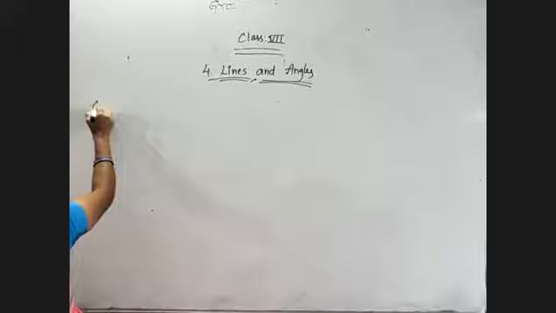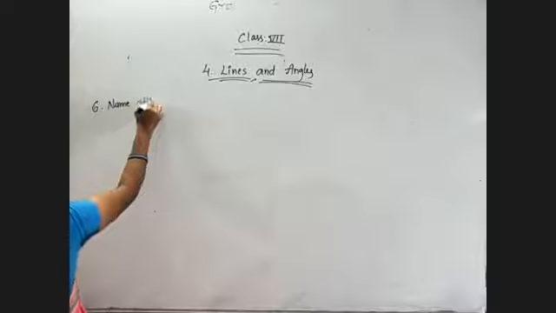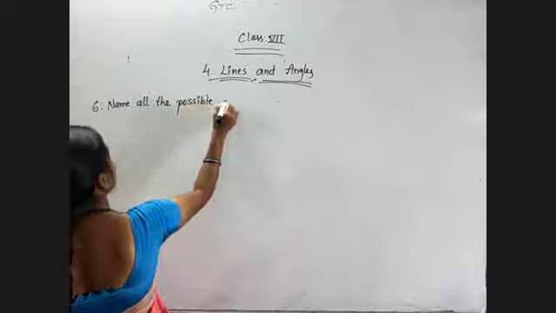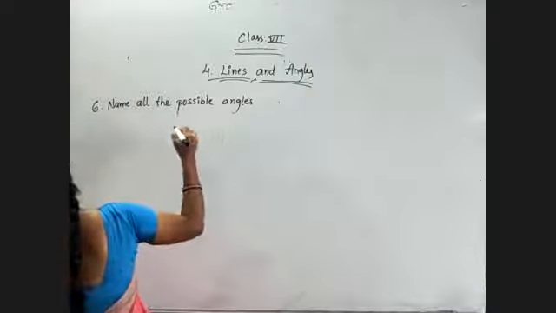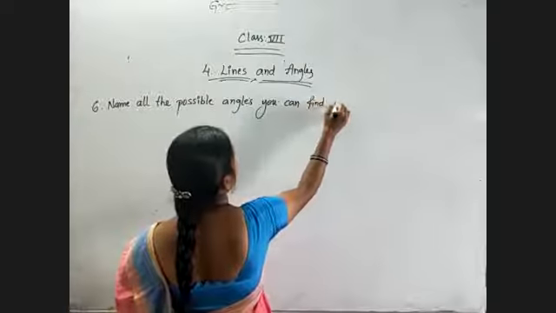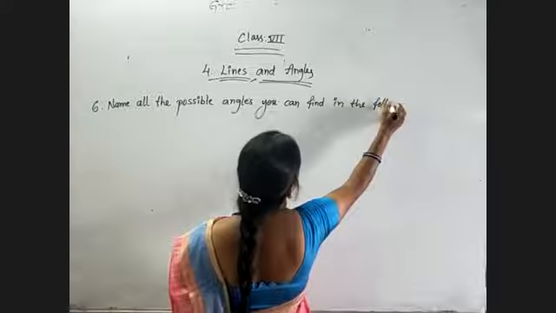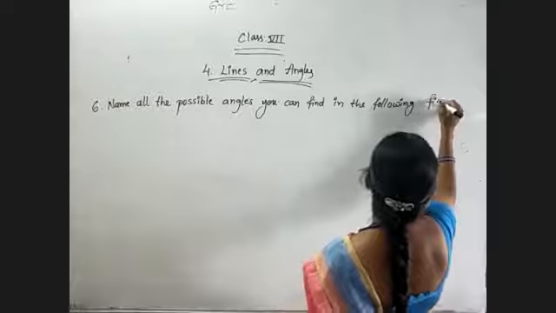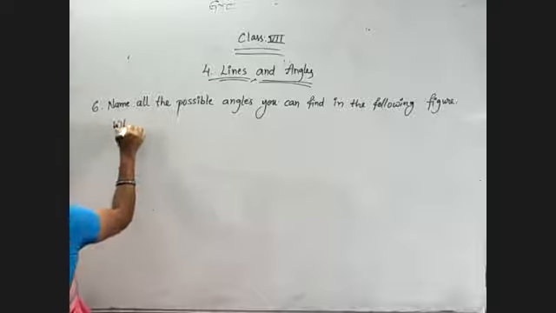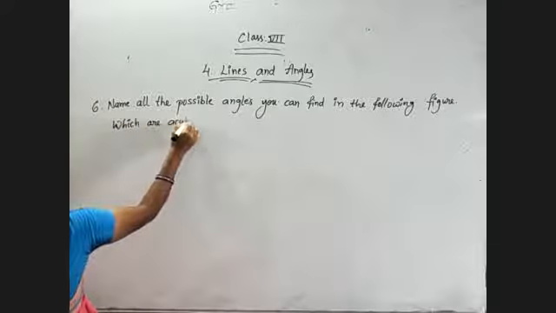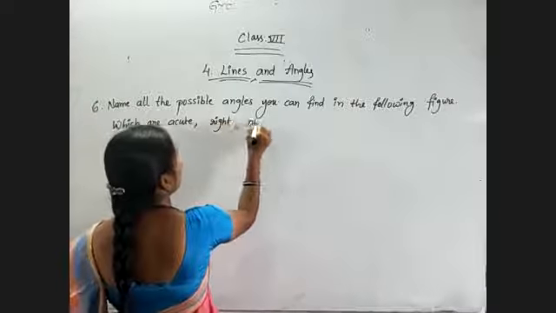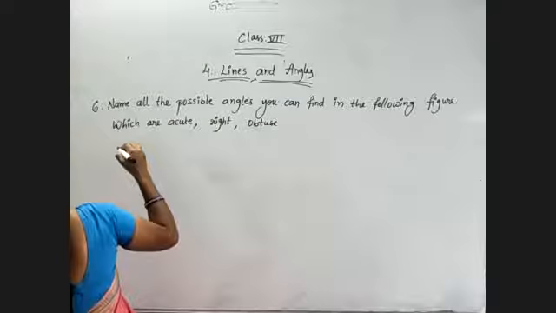Name all the possible angles you can find in the following figure, which are acute, right, obtuse, and straight angles.